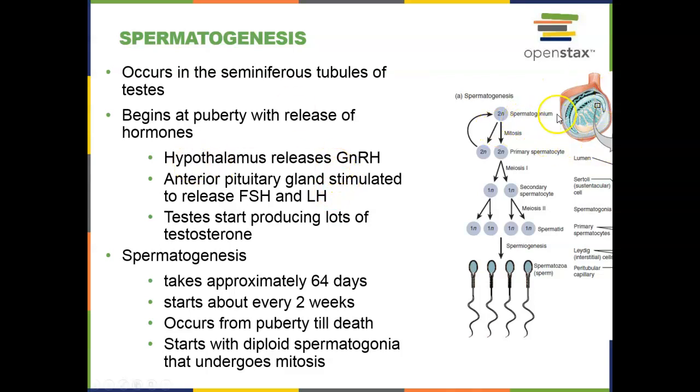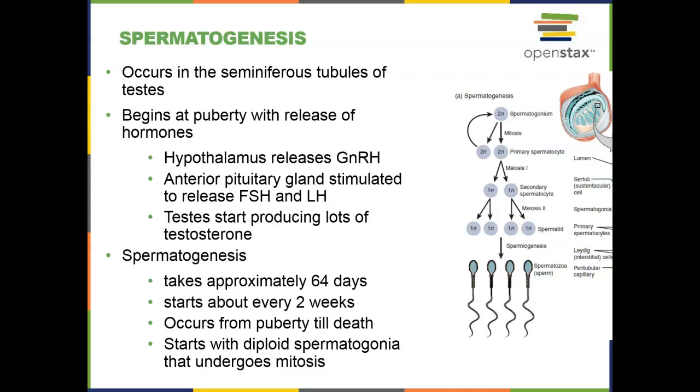And so this starts with the spermatogonium here. Spermatogonium will undergo mitosis, producing a primary spermatocyte and another spermatogonium. This primary spermatocyte then undergoes the first meiotic division. And if you remember, in meiosis, we have two major functions that cause each sperm cell to be unique.